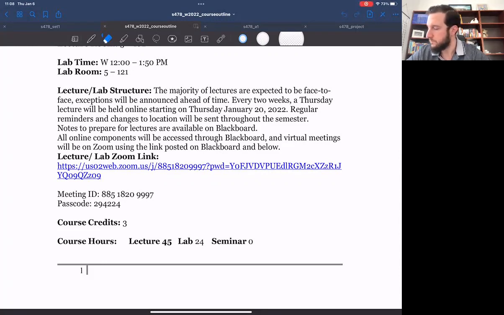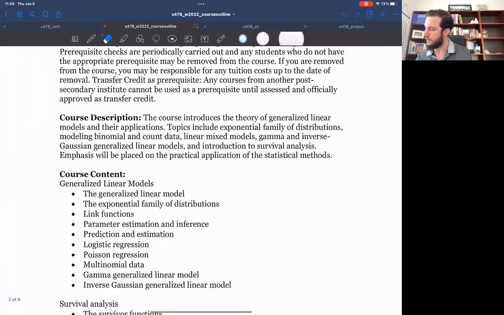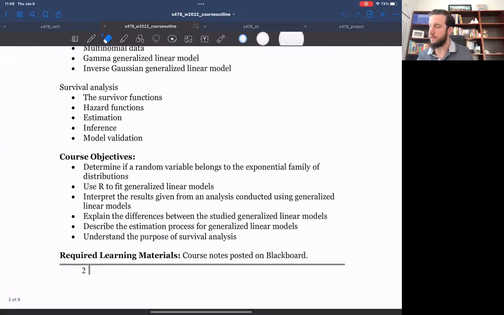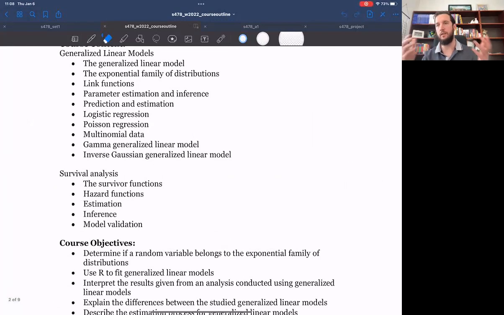Okay. All right. So with that being said, we're going to basically survey a lot of the different topics that occur within the generalized linear model suite throughout this semester. We're also going to talk a bit about survival analysis.